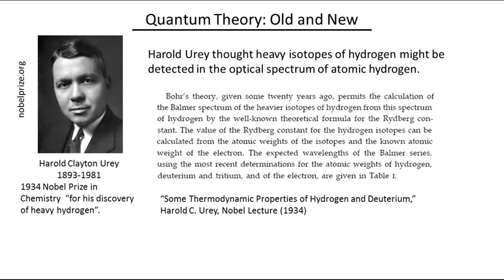So no one had seen a heavy isotope of hydrogen. Urey thought it might be detected in the optical spectrum of atomic hydrogen, but how to prove that decisively?